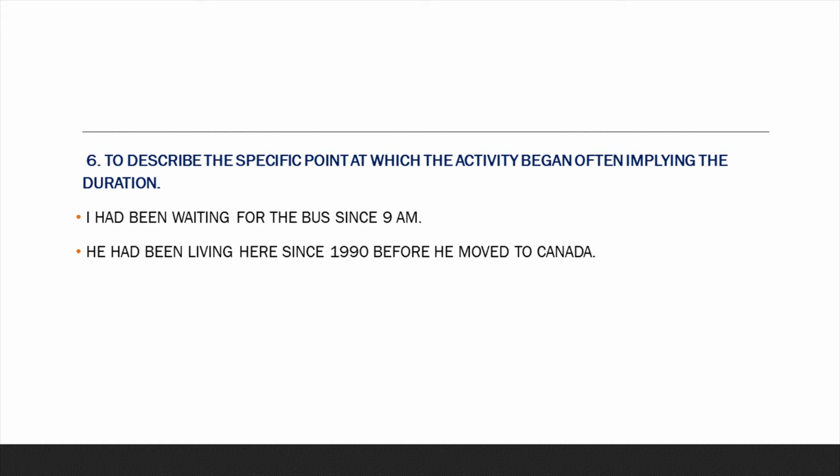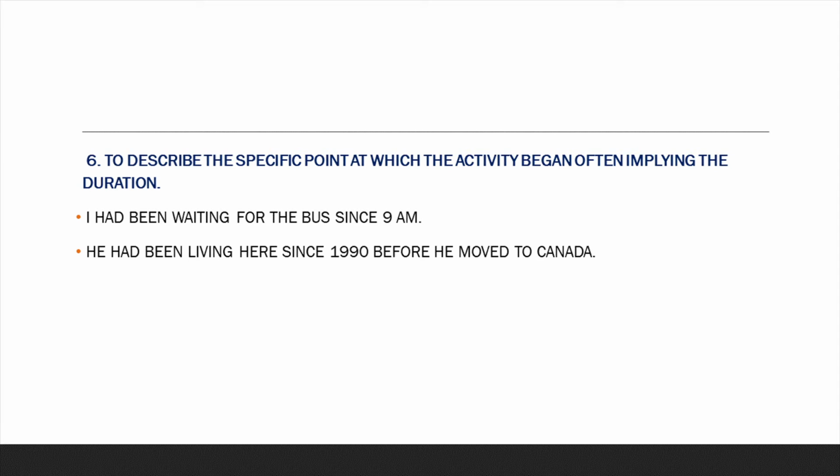But this is in past tense. So you just go on to tell someone about that particular thing as if the act has happened. I hope that is clear. I had been waiting for the bus since 9 a.m. So the act of waiting is over, done with. Maybe you are telling this to someone at work, in fact.